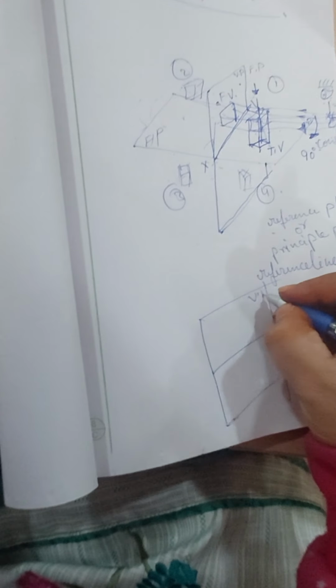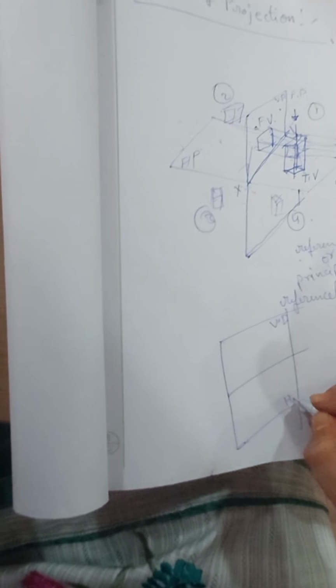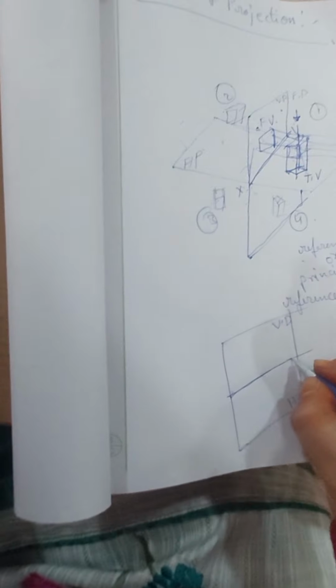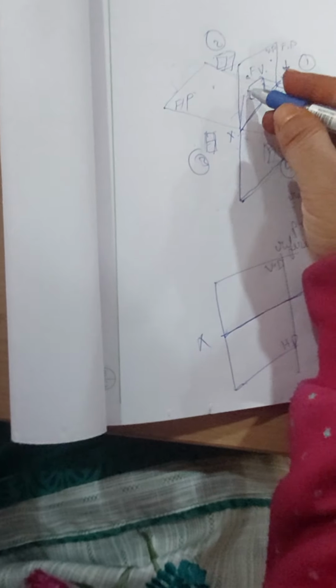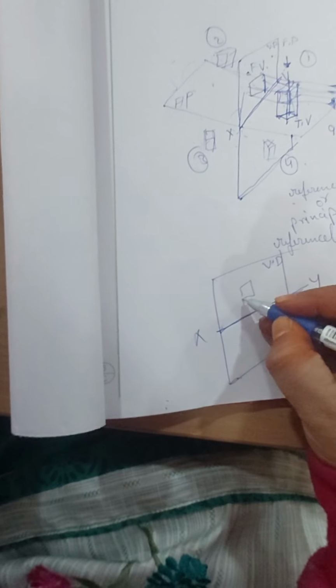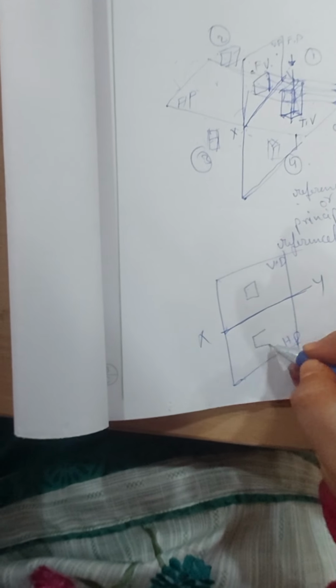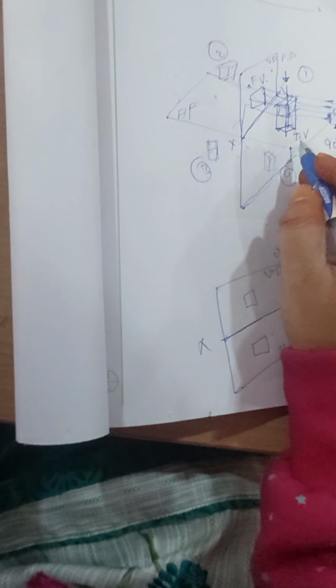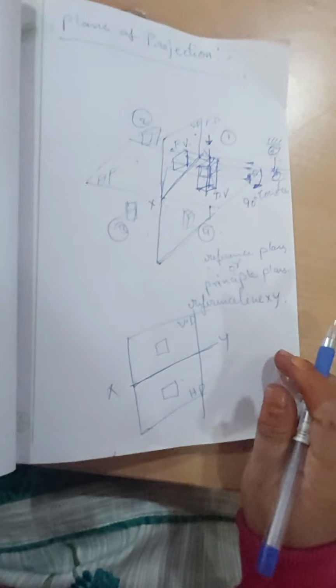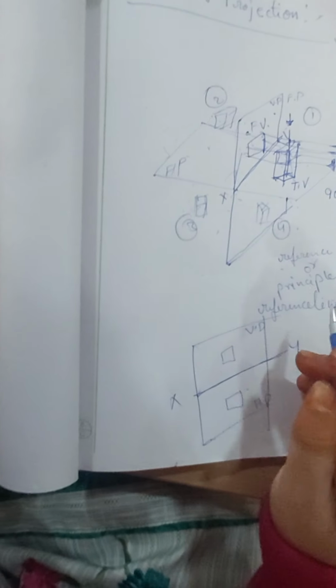So this is the vertical plane and this is the horizontal plane, and this line is the XY line, the reference line, and here the image which we obtained is the front view and here the top view. So along with this plane the image also rotates. So these are all assumptions, but the diagrams are real.